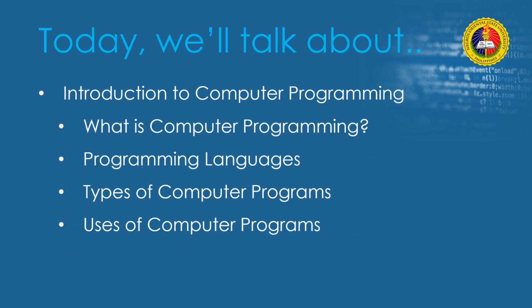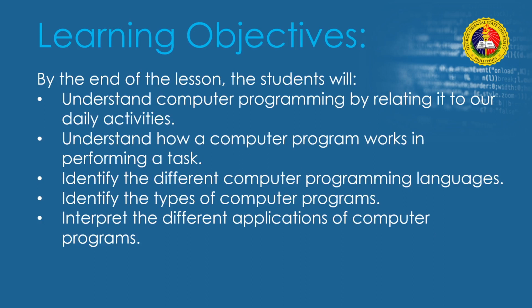Let's check our learning objectives. Did we meet our learning objectives today? Did we understand computer programming by relating it to our daily activities? Did we meet the learning objective before we end? Next, understand how a computer program works in performing a task.